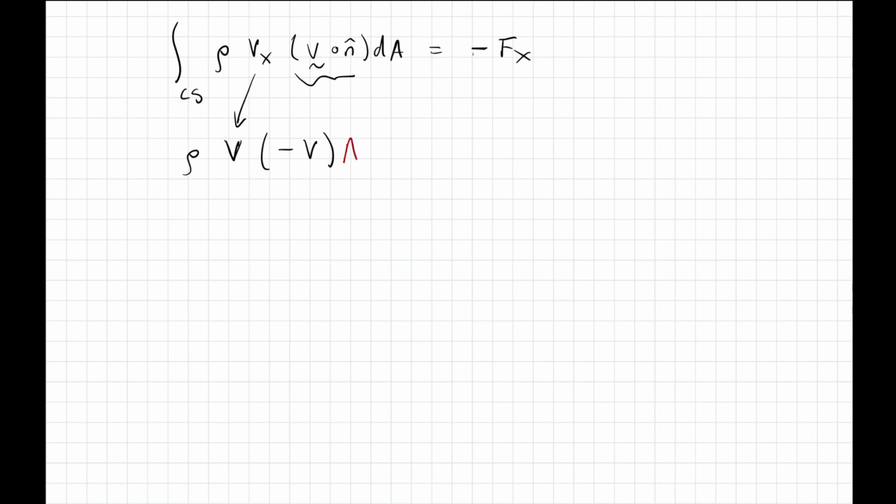We multiply by area, and that's equal to minus Fx. So you can solve pretty straightforwardly. The two minus signs cancel here, and you find that the magnitude of the force acting on the object is rho v squared A.